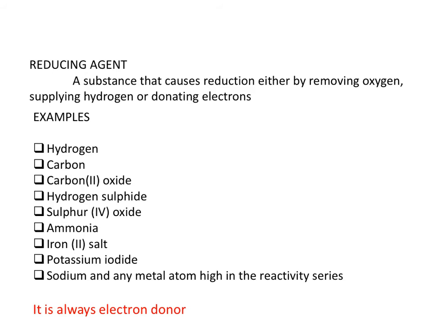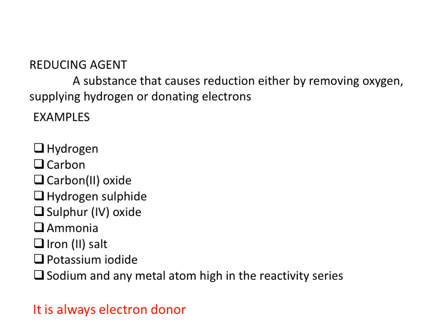When oxygen is removed, you have a reduction reaction. Supply of hydrogen, that is addition of hydrogen, or gain of electrons. These all show that a reduction has taken place. So a substance that is able to create this condition will bring about reduction, and they are termed reducing agents.